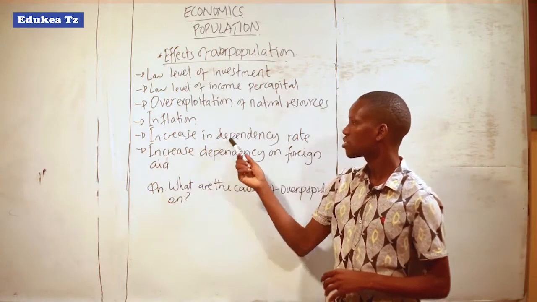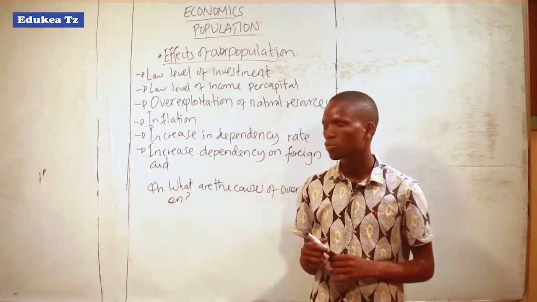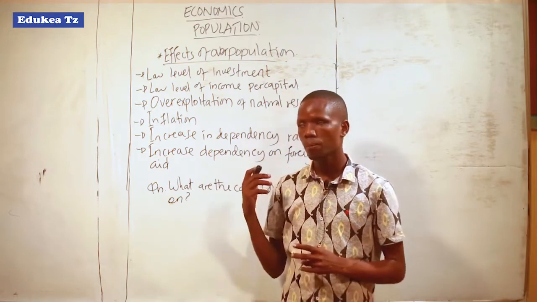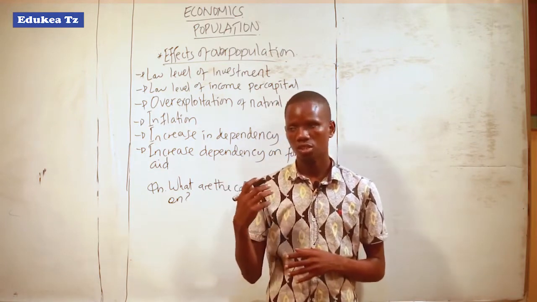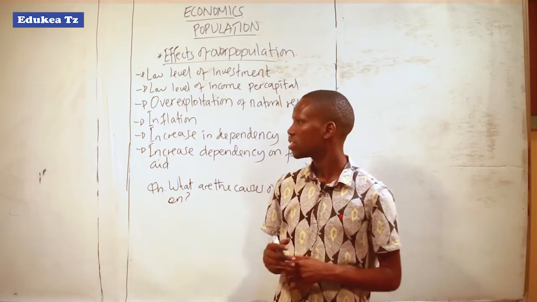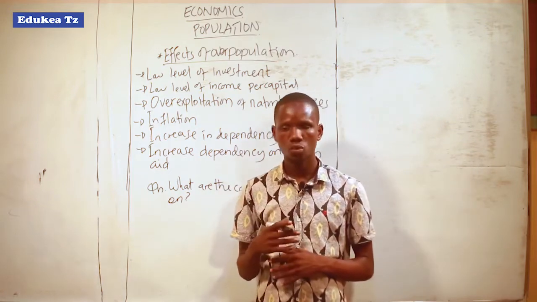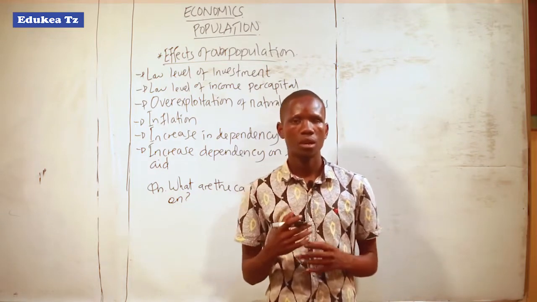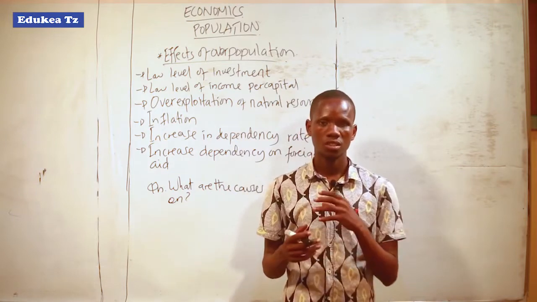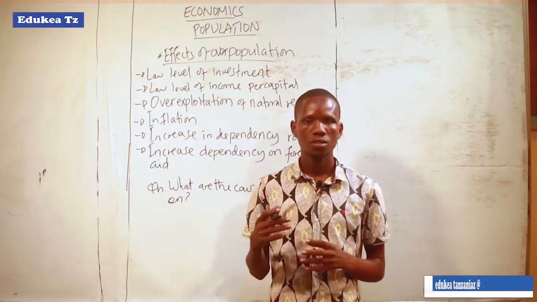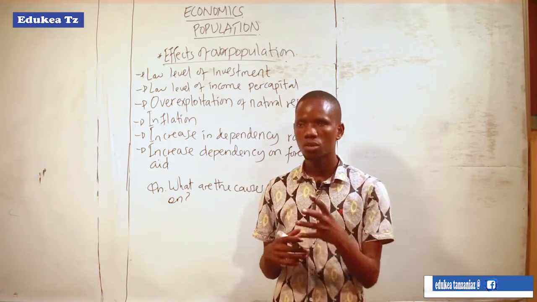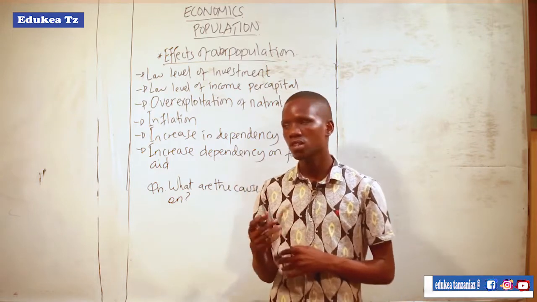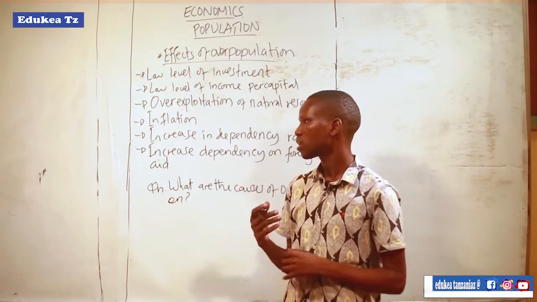Also, we have an increase in dependence rate. This is due to the insufficiency of the available resources to support the population that is occupied in a certain area. So there will be a need to depend on aid from other places where the size and the area together with the natural resources are well balanced. Even in production, they can produce more, so we can get surplus goods and services that can be transported to the other area.